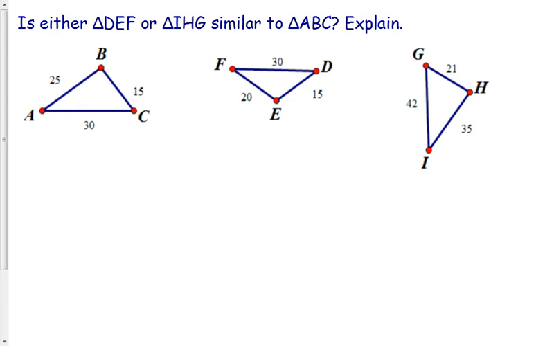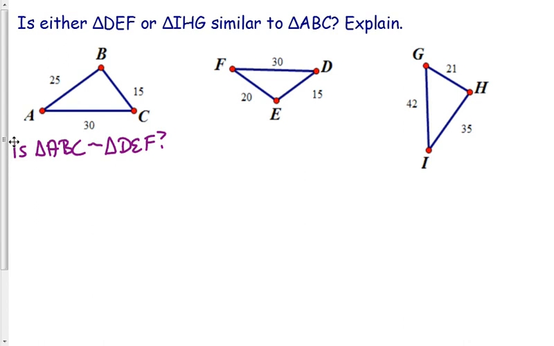So is either triangle DEF or IHG similar to ABC? All right, this is two problems in one. So what we will do is the first problem that says is triangle ABC similar to triangle DEF. And we're looking here, we don't have any angles. All of them are side, side, side proportional.